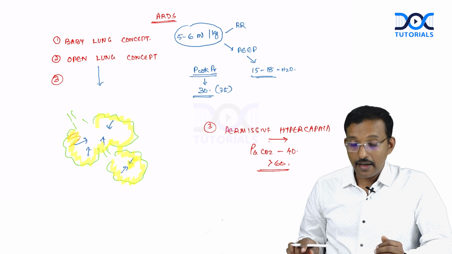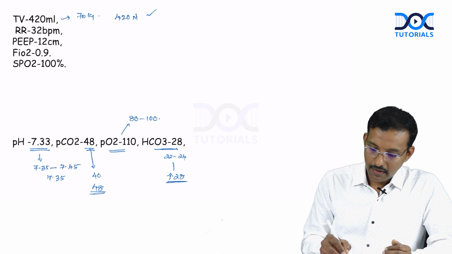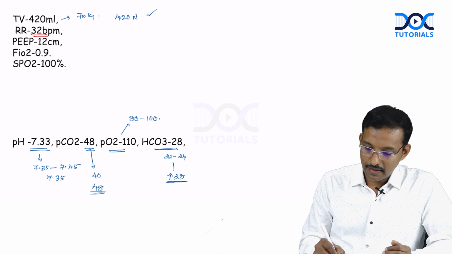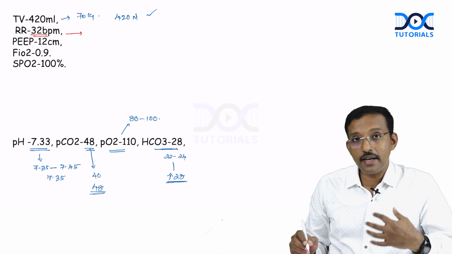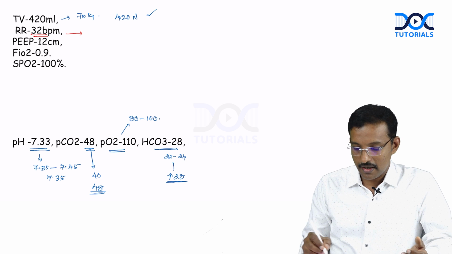So in ARDS management, this patient has a respiratory rate of 32, which means the patient is trying to eliminate the carbon dioxide by its own mechanism, by which it has increased the respiratory rate.